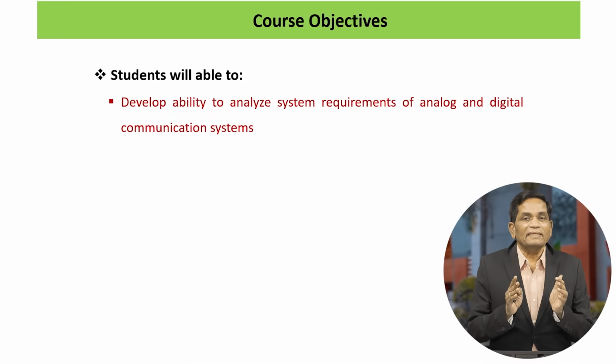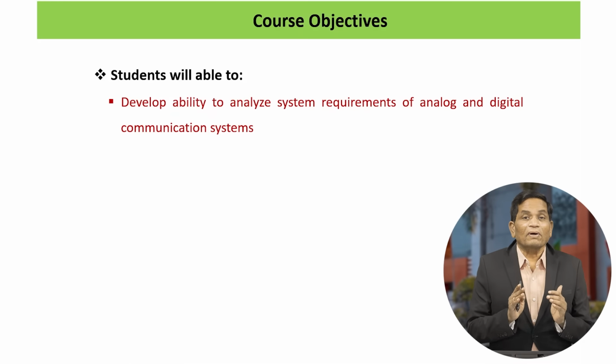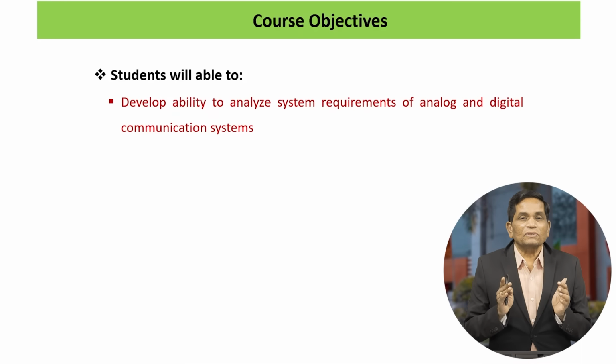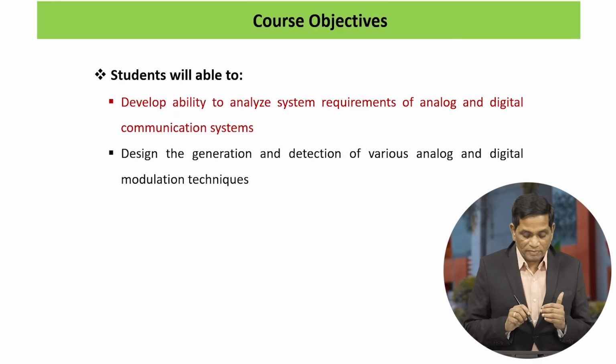If you take a TV, what you are transmitting is an audio signal as well as a video signal. If you take a radio, you are transmitting only audio signals. So the requirements will vary from application to application. First, you should be in a position to analyze the basic requirements of analog as well as digital communication systems.